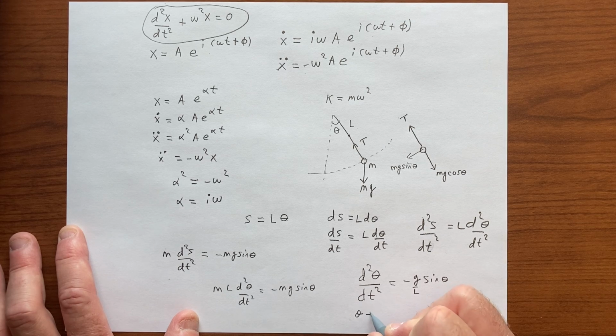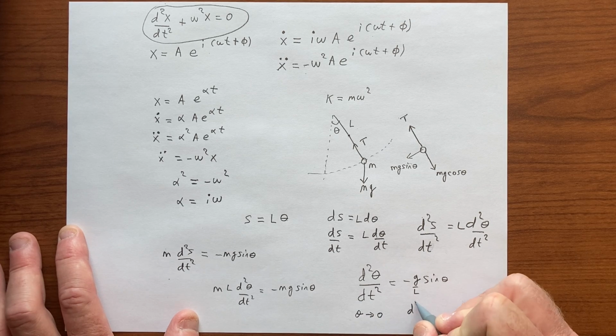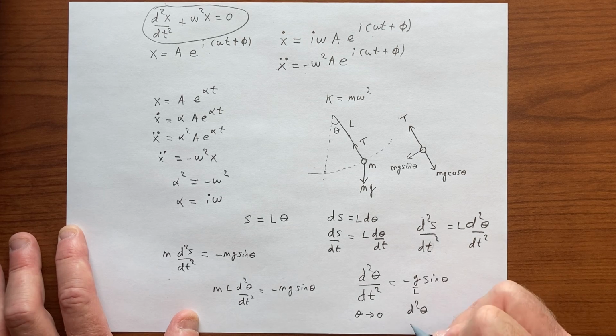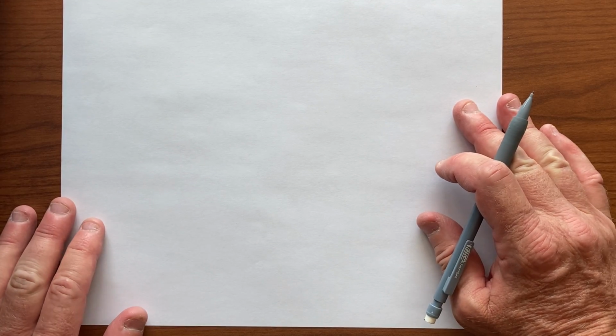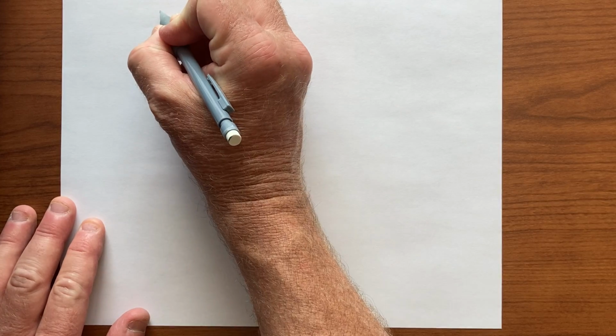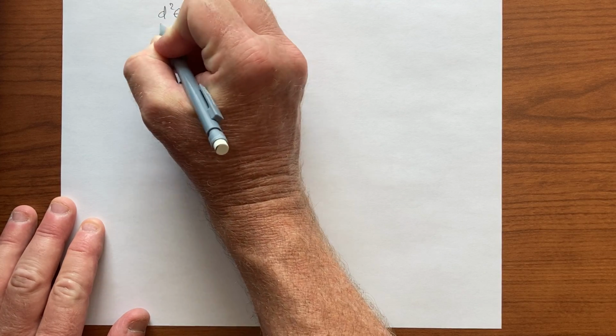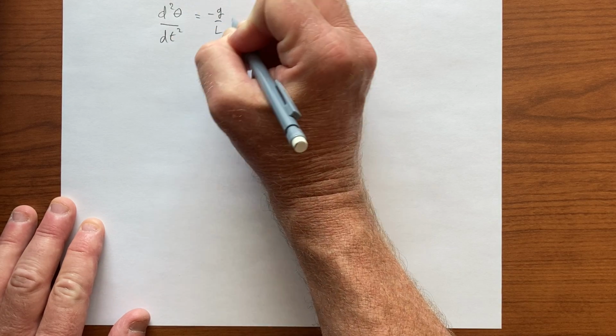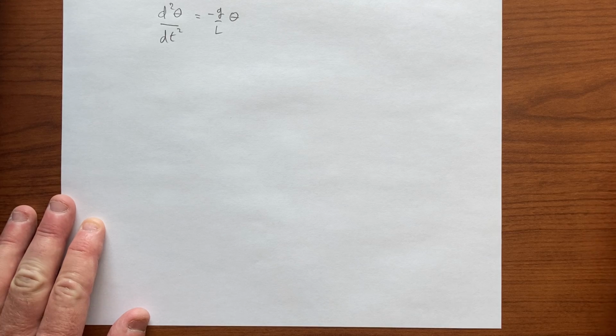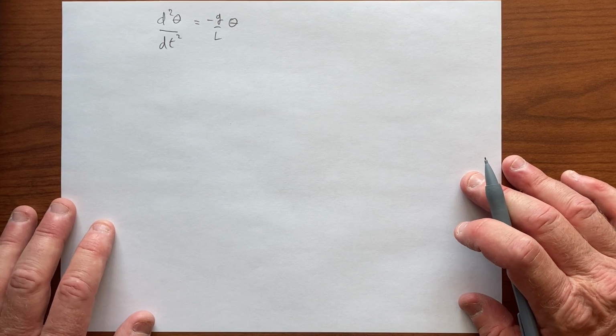So as theta becomes small, the differential equation here becomes minus g over L theta, or we can write this as second derivative of theta in time equals minus g over L times theta, and that's just an SHO equation for the angle theta.